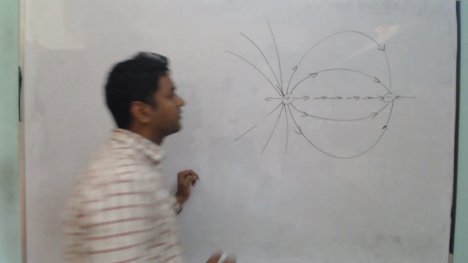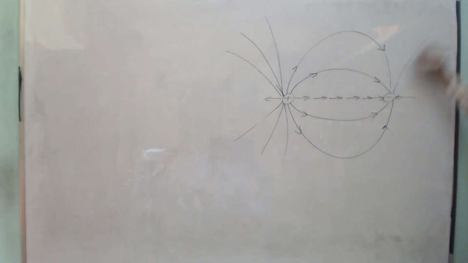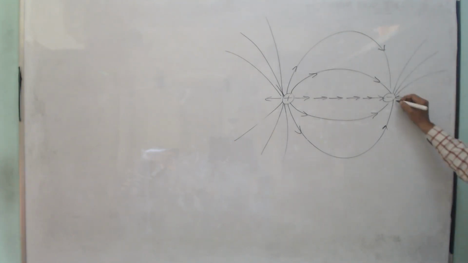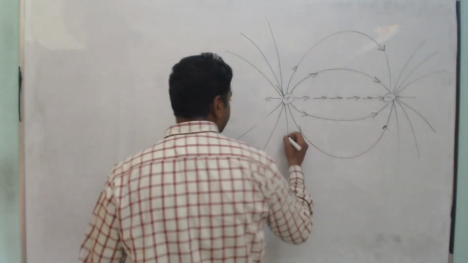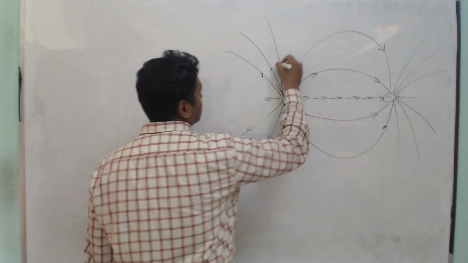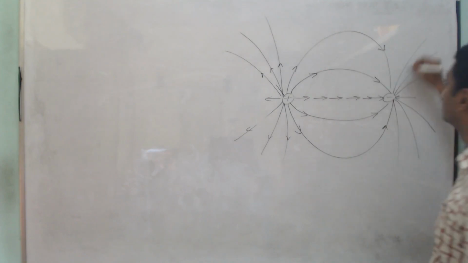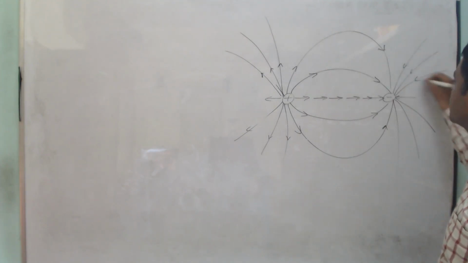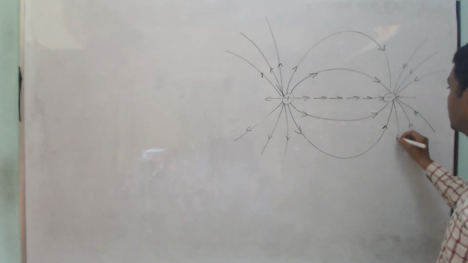The difference is here the arrow is away from the positive, but here the arrow is towards the negative charge. Is this clear?